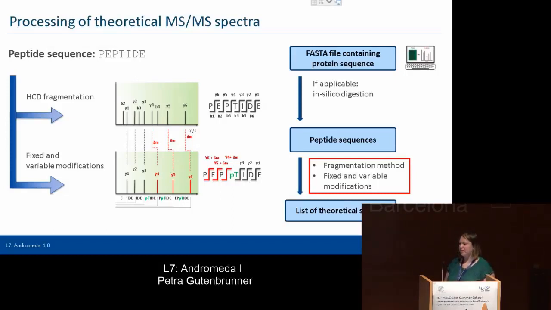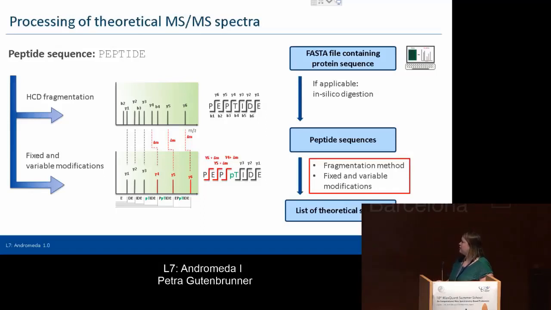This is negative because you increase the search space, you offer theoretical spectra which are not really necessary, and you make it much more complicated because you also identify false positives. They are still regulated by the FDR, but just select the modifications which you really think are in there and are really helpful.